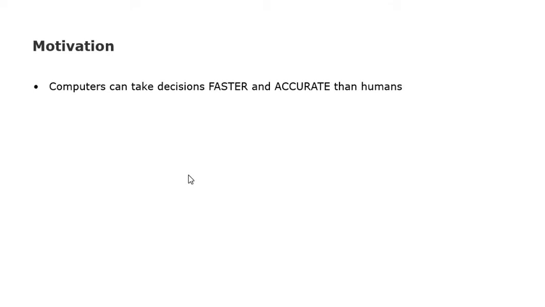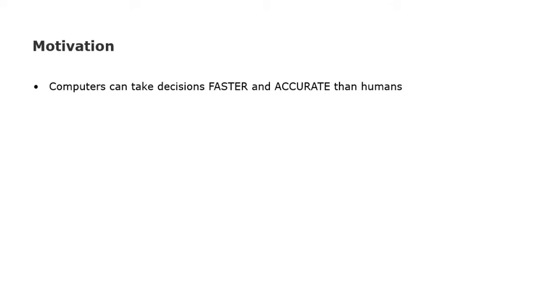But computers are generally fast and accurate. One research showed that the accuracy of humans is somewhere around 60 to 70%, whereas the computer will get greater than 90% accuracy, because with computers there are no chances for man-made errors, human errors.